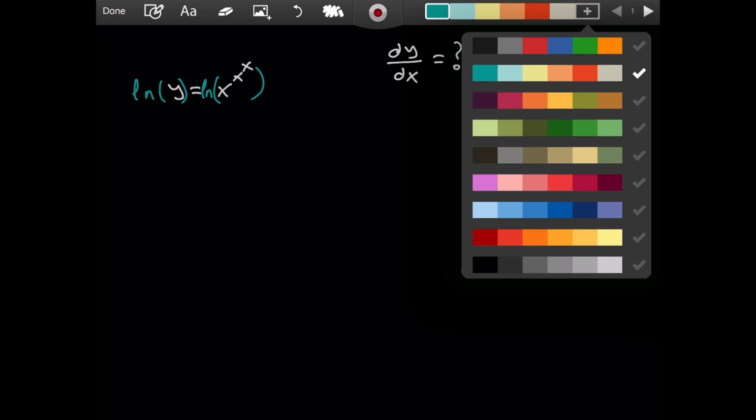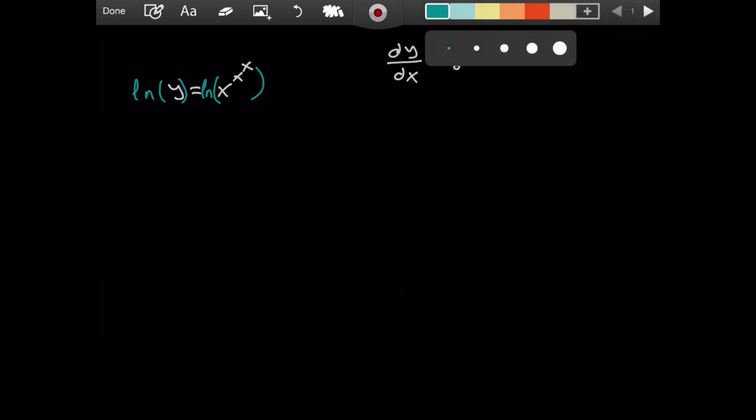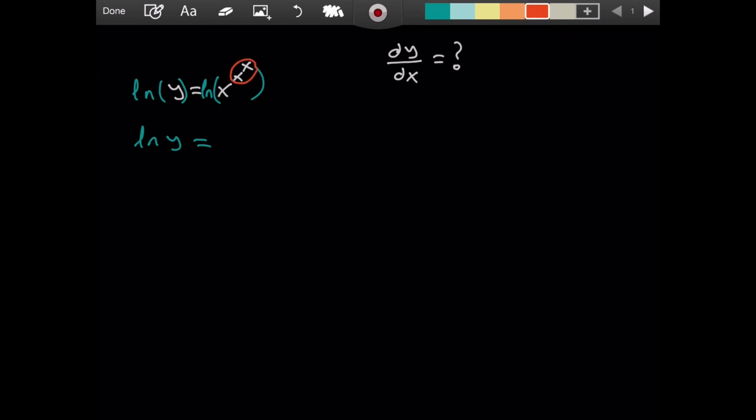So if we do that, on the left we will of course have ln y is equal to, on the right we can bring the exponent forward. This is a property of logarithms, which means we have x raised to the power of x, then ln of x. So far so good?